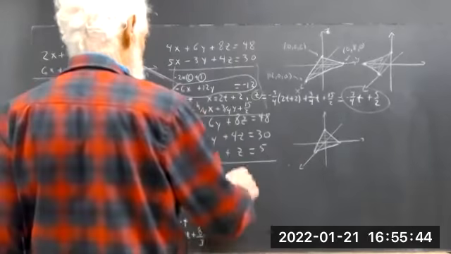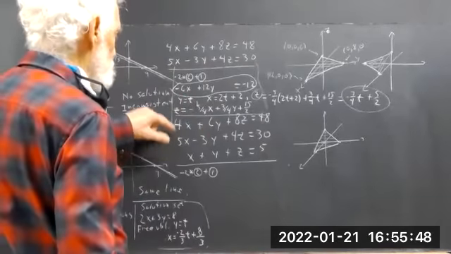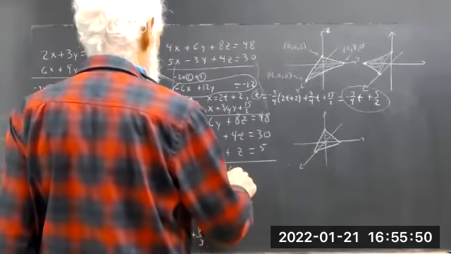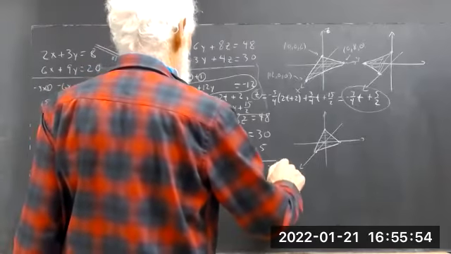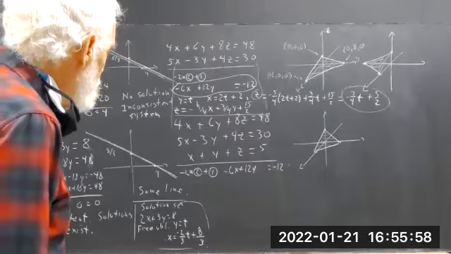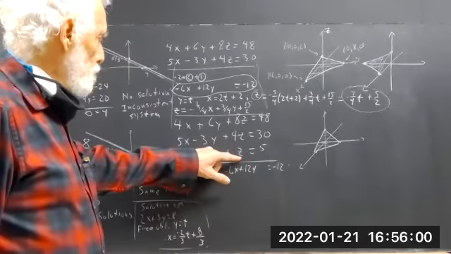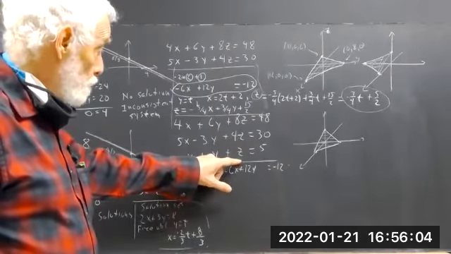Okay, so we don't have to do a whole lot of work. Again, if I do -2 times this plus this, I get -6x plus 12y equals -12.